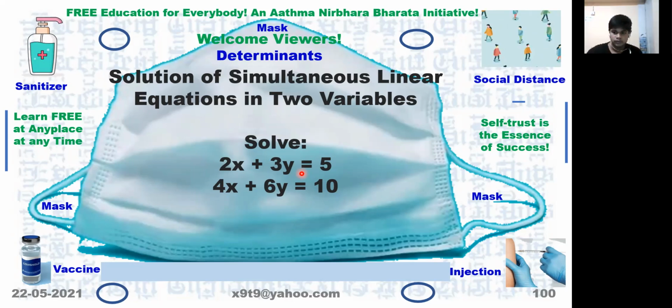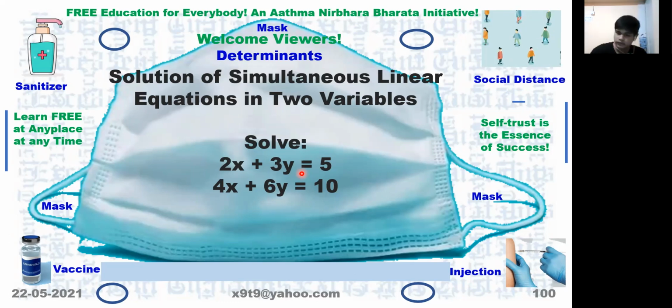How? Sir, x is equal to delta x by delta, that is 0 by 0. How much is that? 0 only, sir. How? 1. Yeah, 1, sir. Are you using a calculator or simply telling?